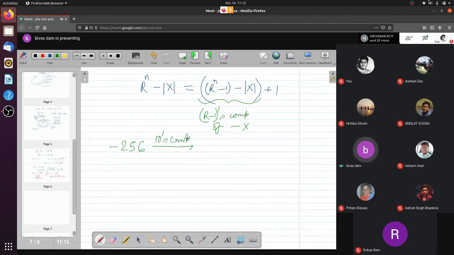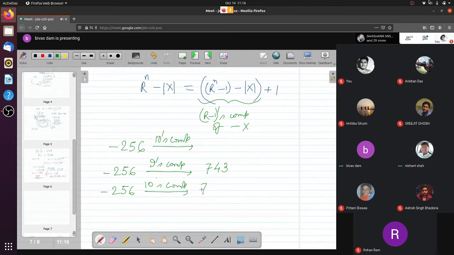So tell me what will be the 10th complement of minus 256. To find out this, what I will do first, I will try to find out the 9th complement of minus 256, and that will be how much? 743.